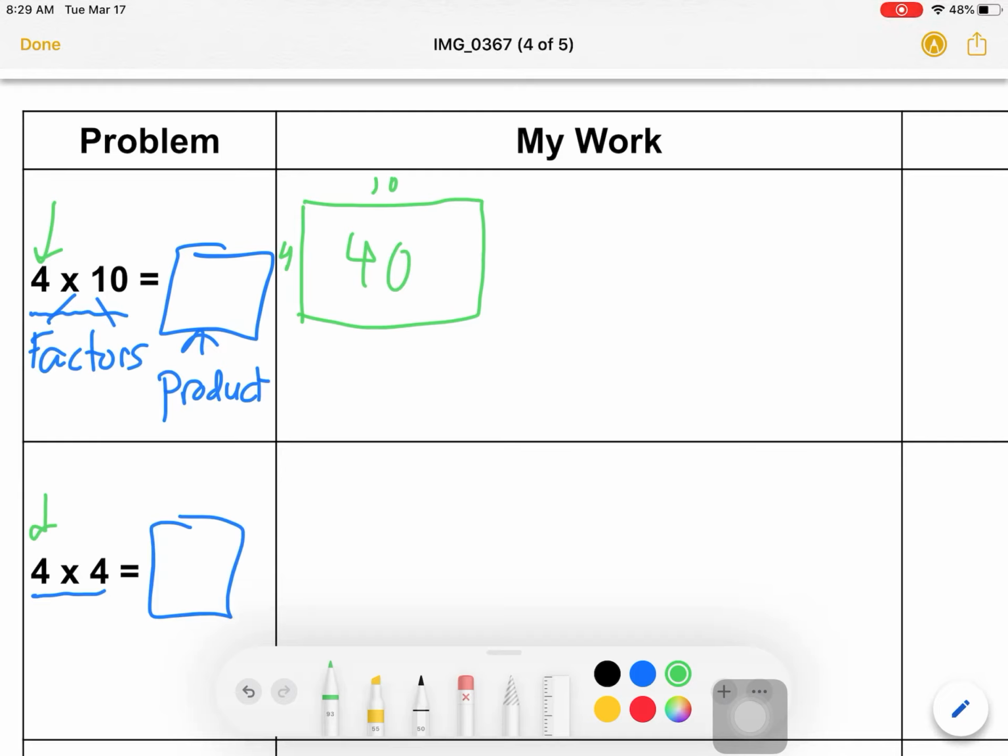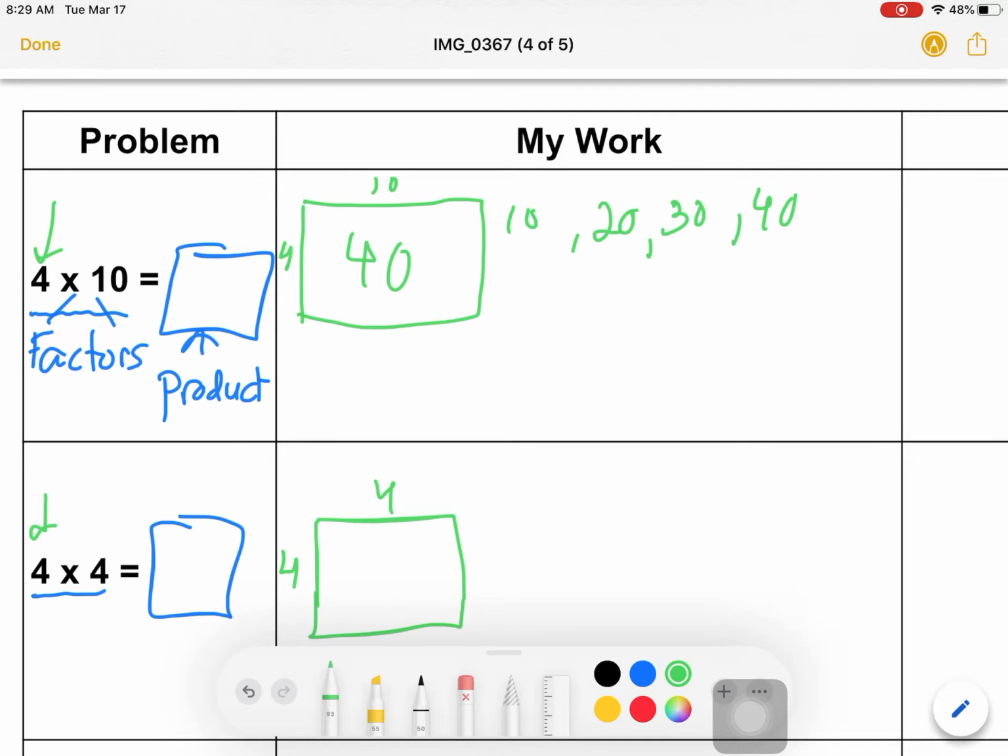And you could think of that as, like I said before, skip counting by tens: 10, 20, 30, 40, which is probably the most efficient way that most students would do it. And then if we take a look down here, we have a 4 times 4, and in this case we could simply build another array, which this one happens to be equal sides of an array, which would be a square.